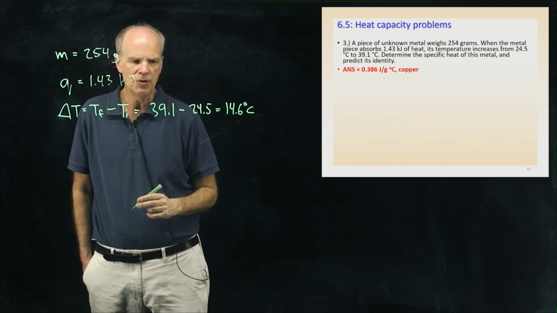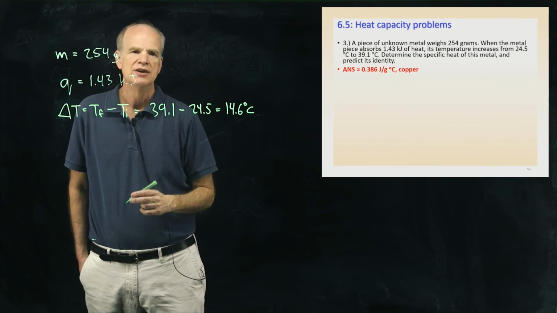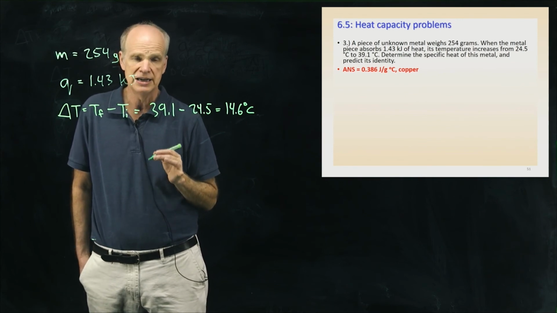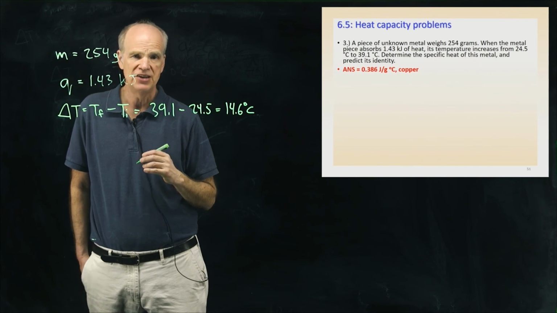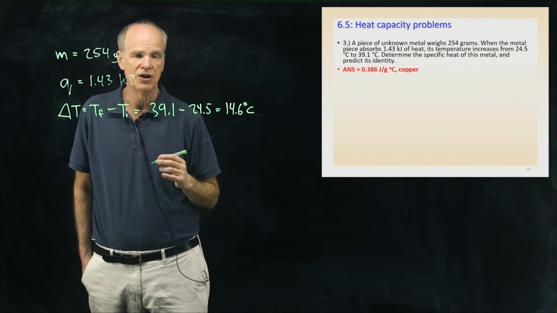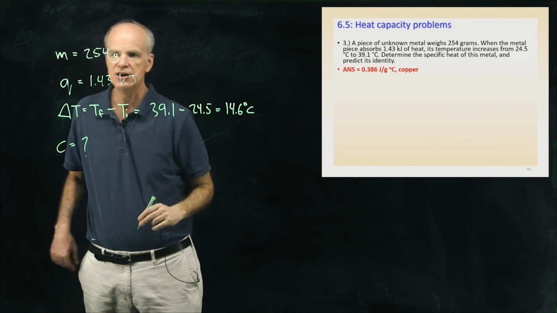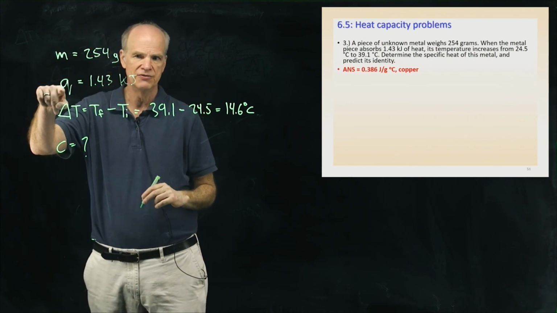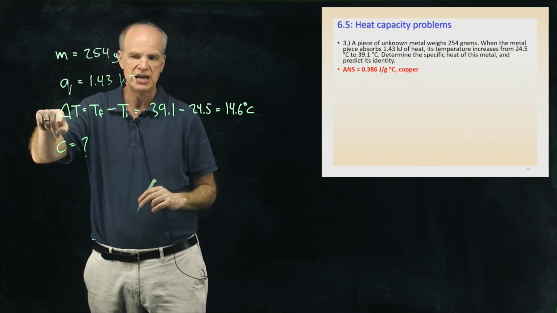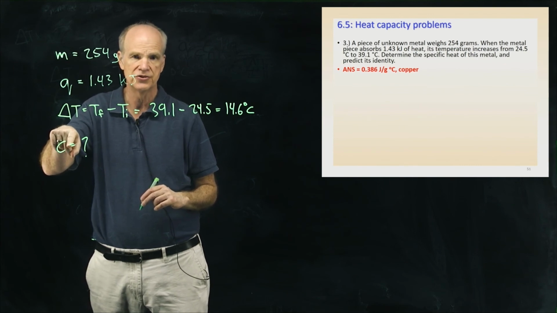It says determine the specific heat of this metal and predict its identity. If they want a specific heat, they basically want a specific heat capacity, which is symbolized by a small letter c. Here we're given mass, heat, and the temperature change, and we have to find the specific heat capacity, little c.